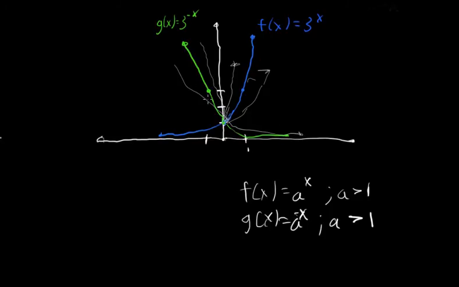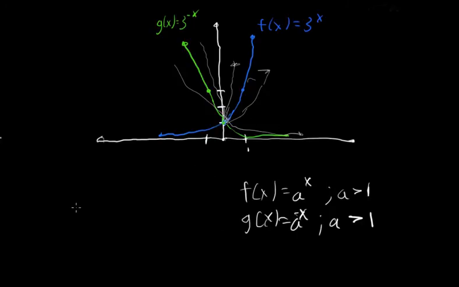It'll fall from left to right, and in an exponential fashion, and the specifics will depend upon the value of a. But again, in either of these cases, your generic exponential growth curve or generic exponential decay curve, you will not get a value of x that poses a problem and makes the function discontinuous.